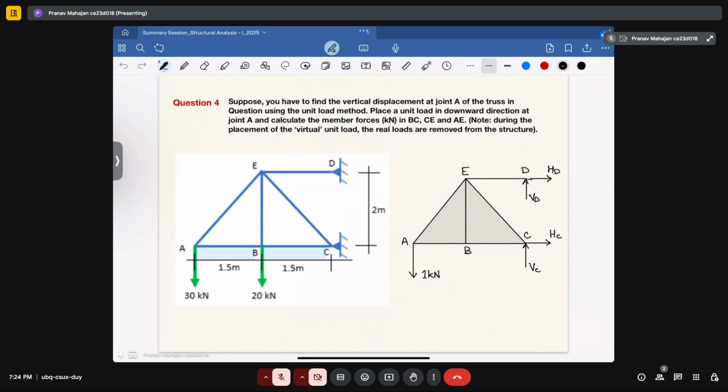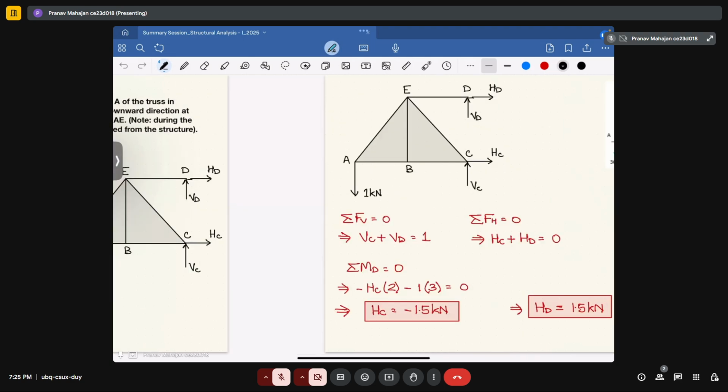Now the question is asking you to calculate the vertical displacement at joint A. As we have read in the concept, if you require the deflection at a particular point, you need to apply the unit load in that particular direction. So in this case, to calculate the vertical deflection at joint A, we will apply a downward unit load at point A, and analyze the truss in the same way as previously.